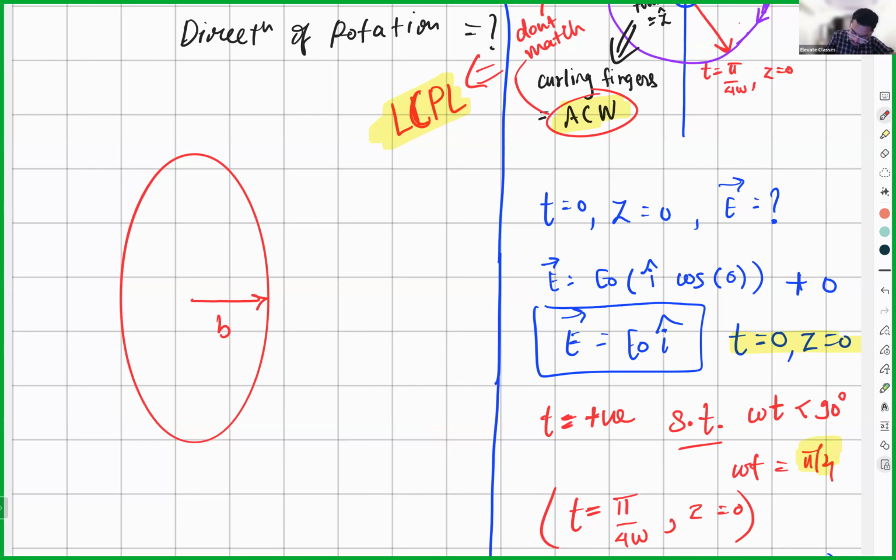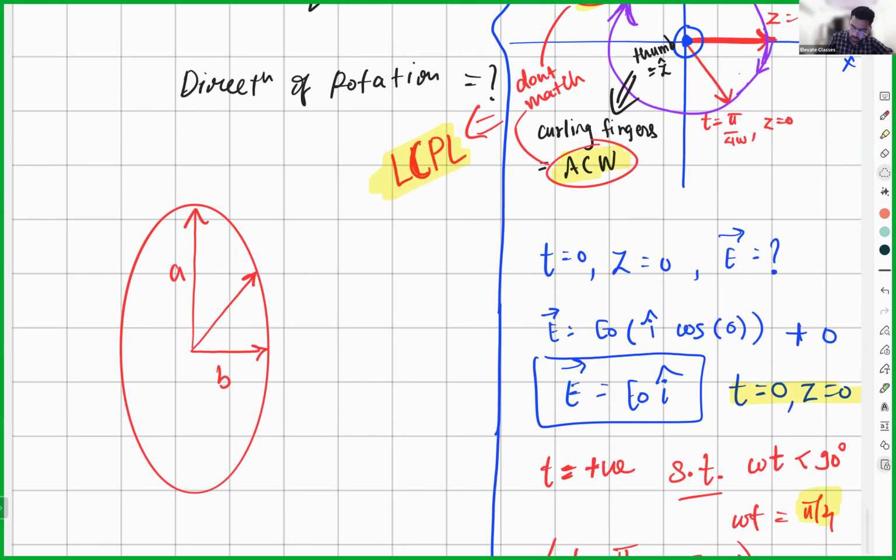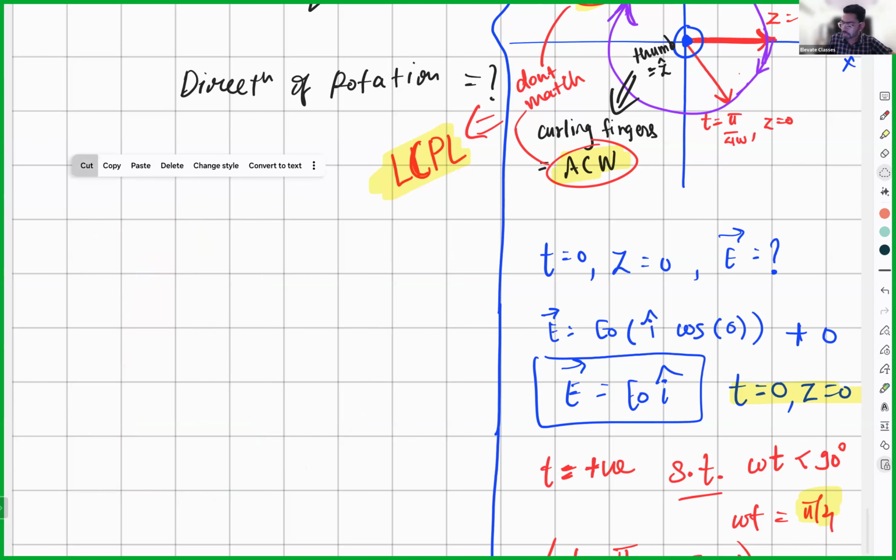Let's say this is B, this length is A, and this length is somewhere in between. So while rotating, the length is changing continuously for elliptically polarized light, but the convention for right circularly and left circularly exactly applies for elliptically polarized light as well.